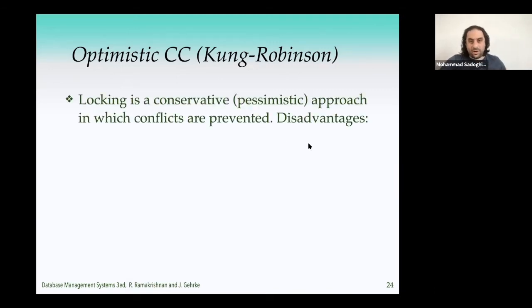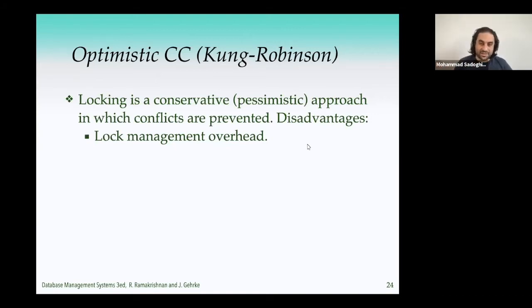So again, locking is conservative, something we've touched upon already, and it is considered pessimistic. It's one way to prevent conflict, as we've discussed, but there are disadvantages. The main disadvantage is the necessity of maintaining a lock manager and its overhead.